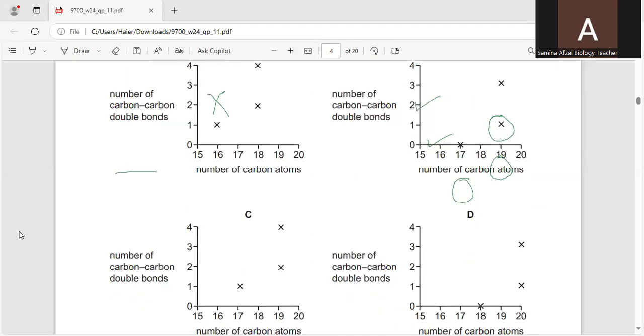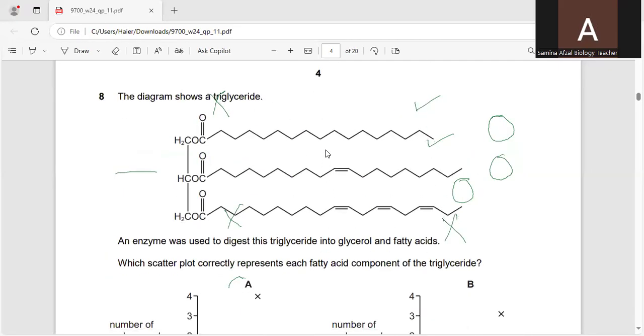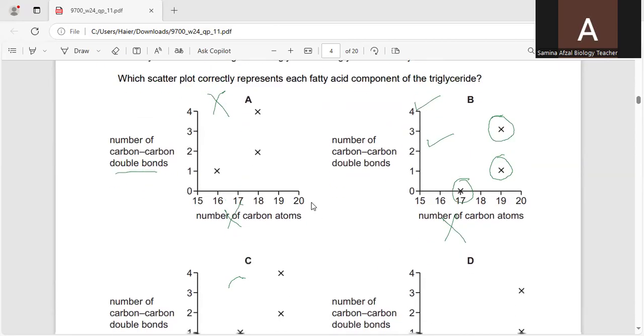And here you can see in C, one double bond is there in chain 1. So C is not correct. You can go back to the diagram: there is no double bond in chain 1, one double bond in chain 2, and three double bonds in chain 3.